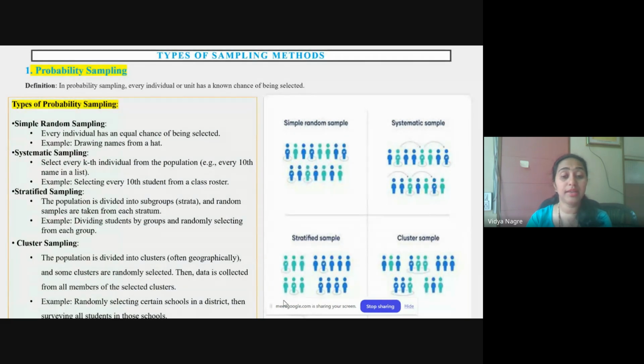So let's say they have chosen one particular district, let's say Gadchiroli. And then in that Gadchiroli, they will identify one particular school as a pilot or sample for their study. They will go there, visit that particular school, and then they will study all the students. Or they will identify one particular village which has 2-3 schools together, and they will visit all those 3 schools.